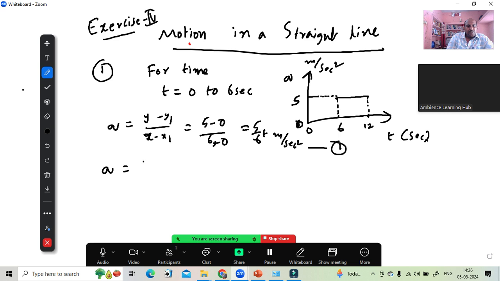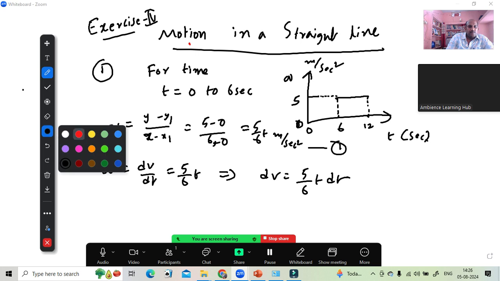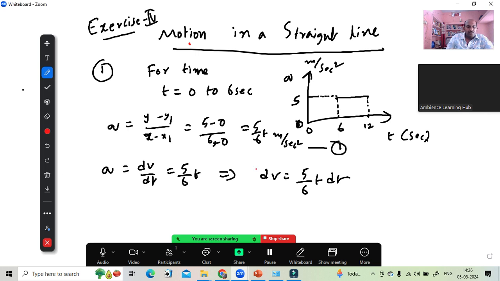We know acceleration is equal to dv by dt, which is equal to 5 by 6 into t. That implies that dv is equal to 5 by 6 t into dt. So now integrating on both sides, we get the integral from 15 to v and the integral from 6 to t.